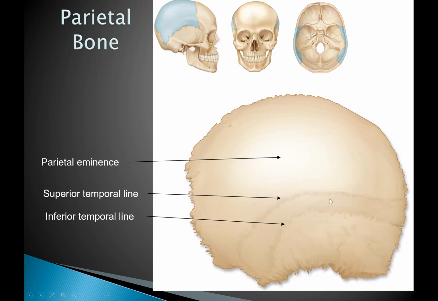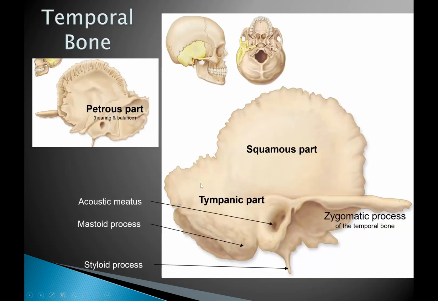And then there are two lines known as the superior temporal and the inferior temporal lines. Again, lines are things that stick out, the sharp edges that stick out from either side of the parietal bone. I know I'm flying through these, but slow me down if you have any questions.